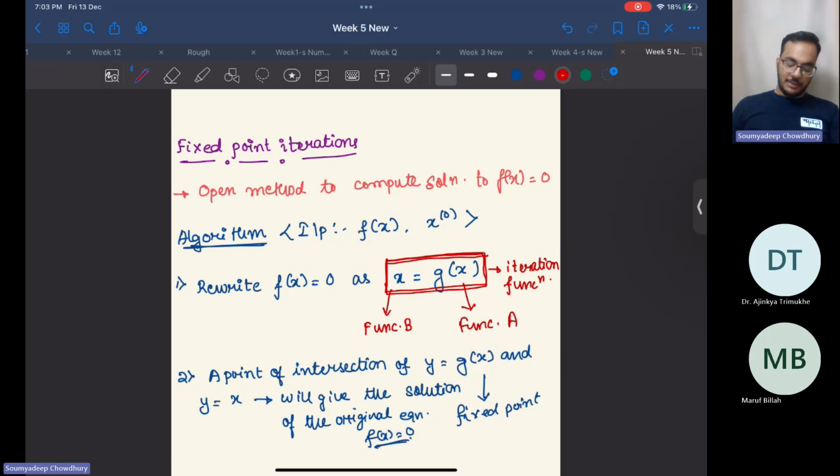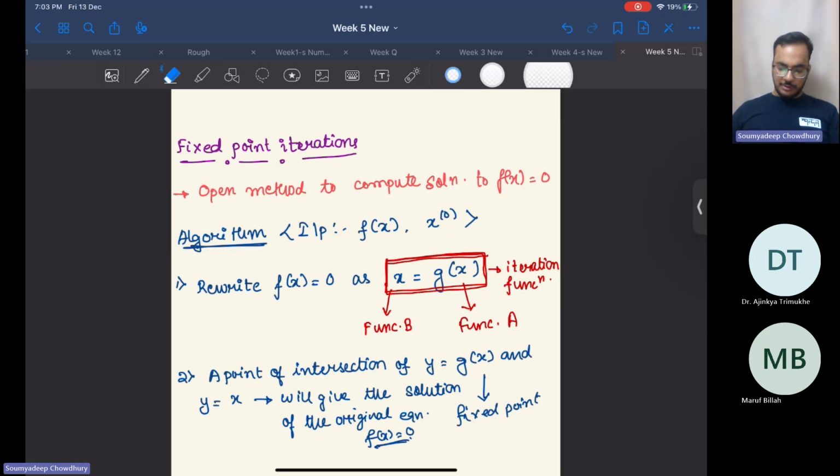Now, once we rewrite f of x equals 0 as x equals g of x, if we draw the curves y equals x and y equals g of x, then the intersection point of these two curves will give me the solution of the original equation, because f of x equals 0 is what we have rewritten as x equals g of x.